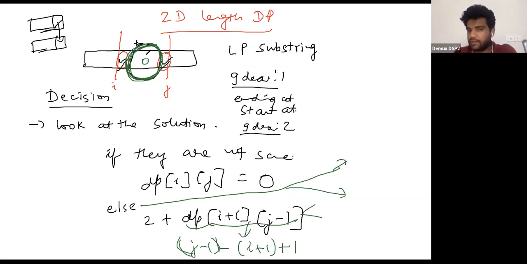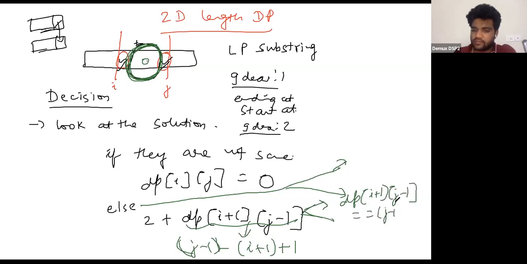You cannot have 2 plus this, then it will be 0. So you can check that here. You have two cases: if dp of i plus 1, j minus 1 equals j minus 1 minus i plus 1 plus 1, then you will say it is 2 plus this, otherwise you will say it's 0.